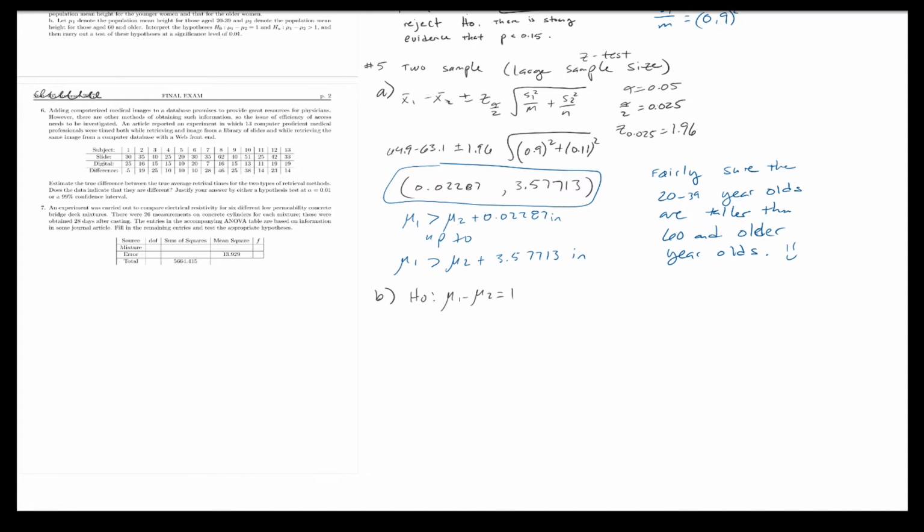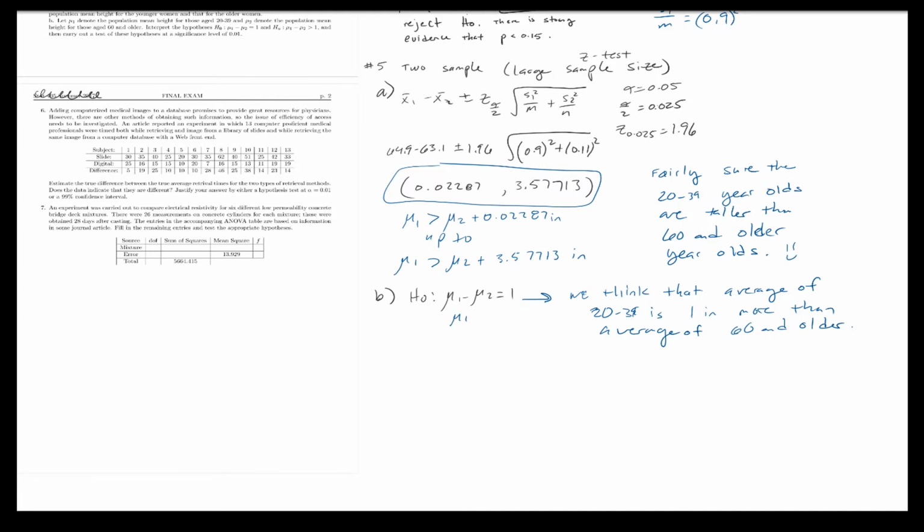What does that say? That says we think that the average of 20 to 39 is 1 inch more than the average of 60 and older. That's basically what this null would say.